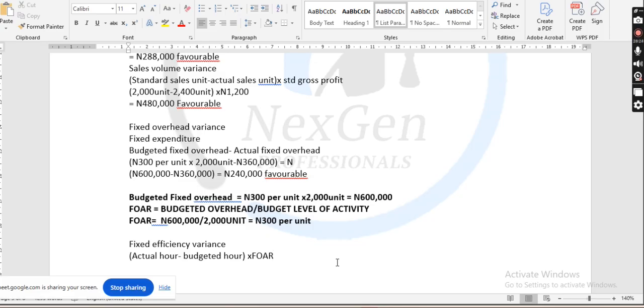Now the question is, what is the actual hour and what is our budgeted hours? We need to bring that in. Class, am I communicating? Yes, sir. So the actual hour, what is the actual hour given to us in the question?